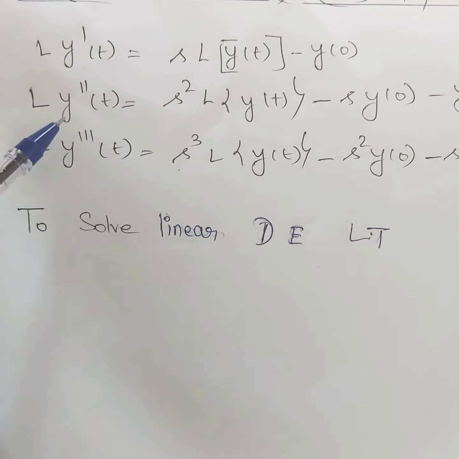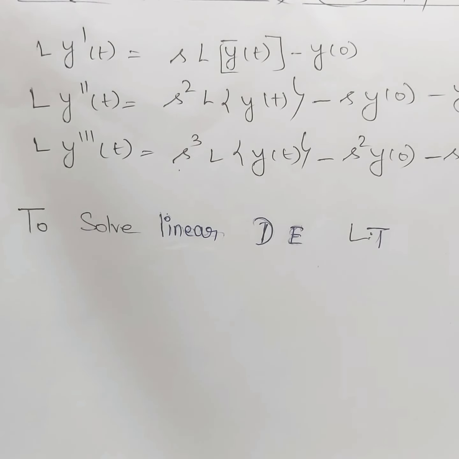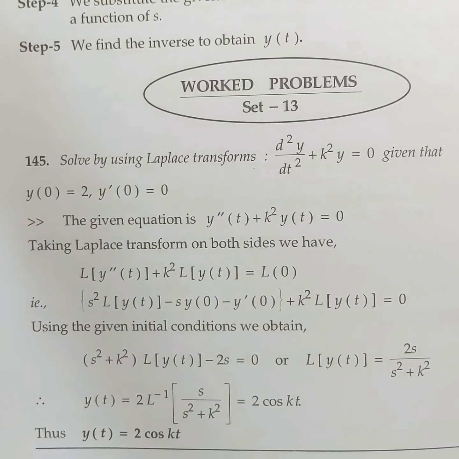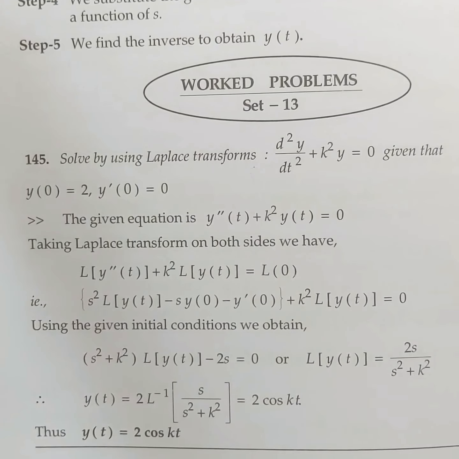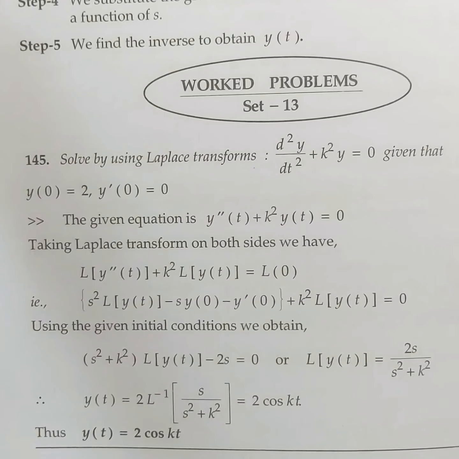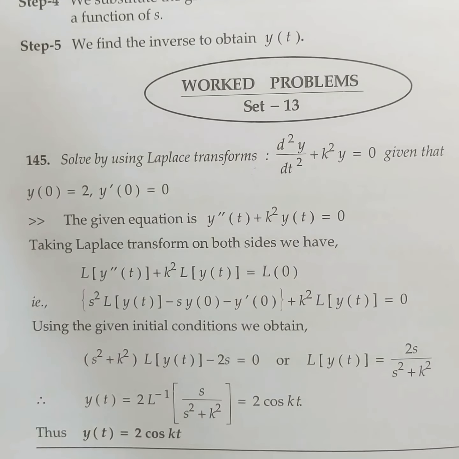Laplace of y dash of t, y double dash of t, y triple dash of t, all these formulas we are going to apply. Then we have to apply the initial conditions so that we can simplify and write very clearly Laplace of y of t is equal to something. Okay. So L of y of t, we have to express it as a function of s. Then finally what we have to do? We have to find the inverse. These are the steps involved.